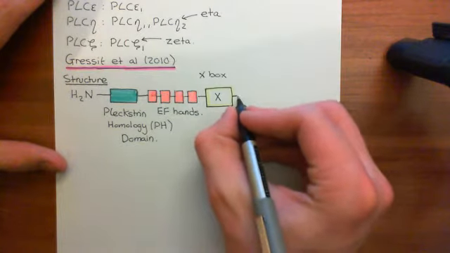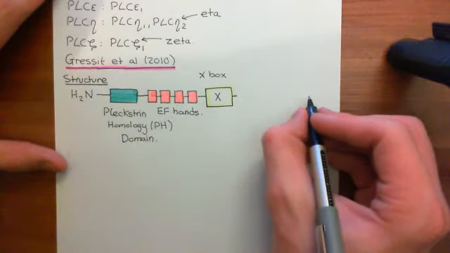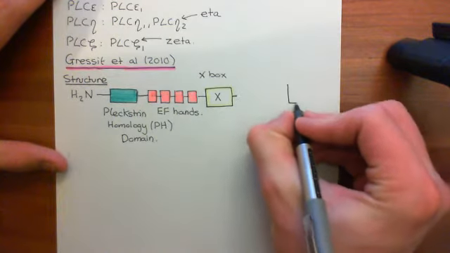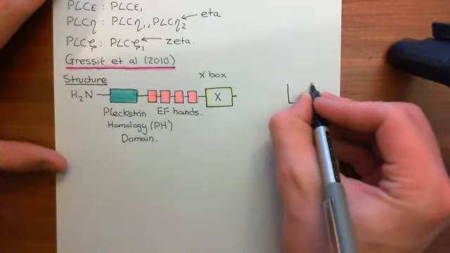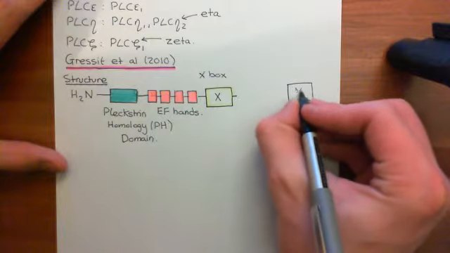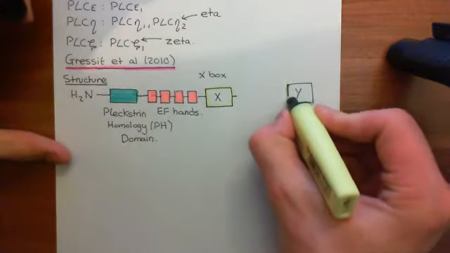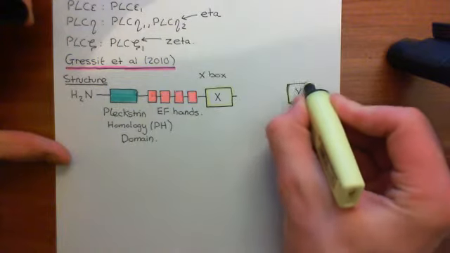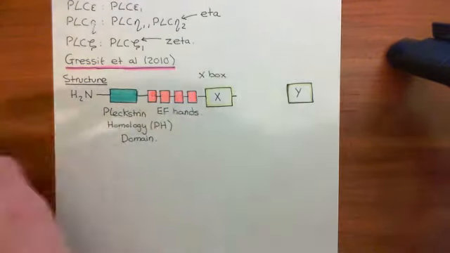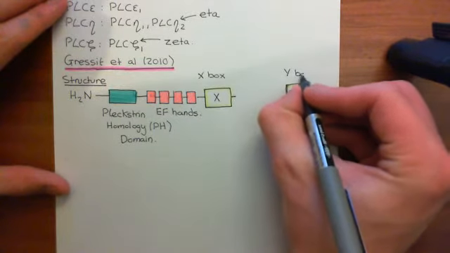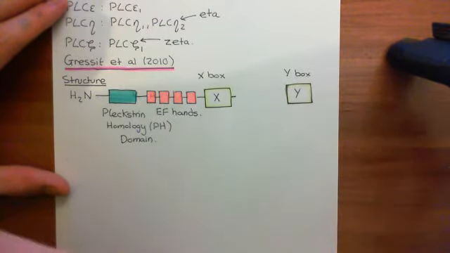Now, the other half of the catalytic domain is something called the Y box, and I think I'll put this over here to restrict how much space I spend on this intermediate portion, to try and make sure that it all fits in. So here is the other half of the catalytic domain, and these together are going to form this TIM-like barrel domain, of which more in a moment.